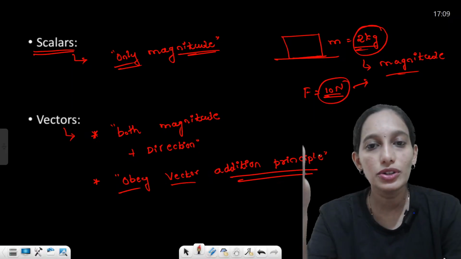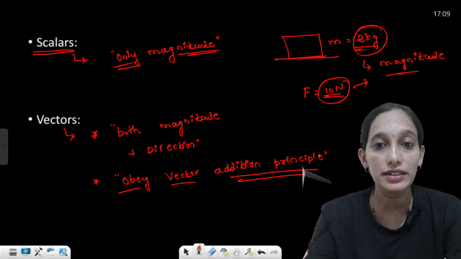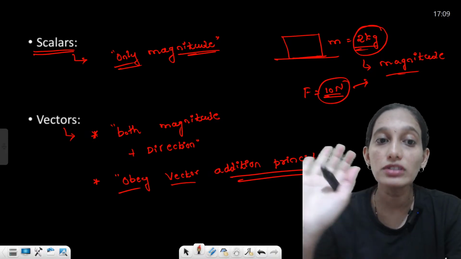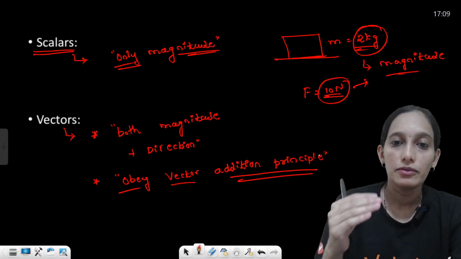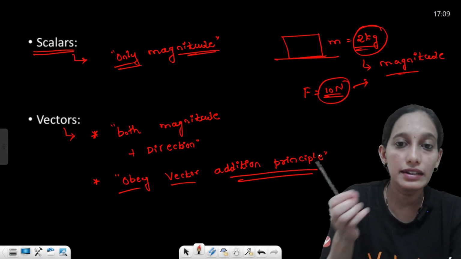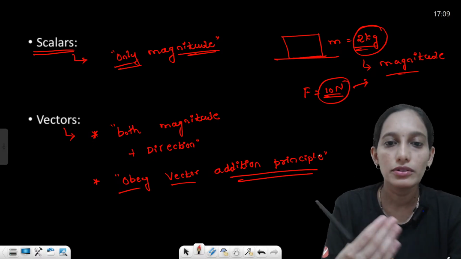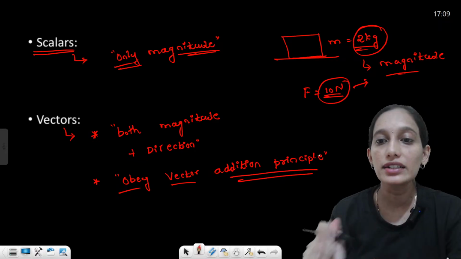Just because a quantity has direction and magnitude, we cannot say it is a vector. Vectors are those quantities which, when you do addition or subtraction, follow the vector addition principle.